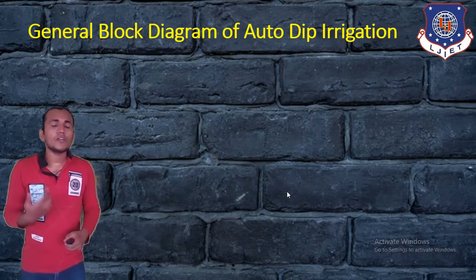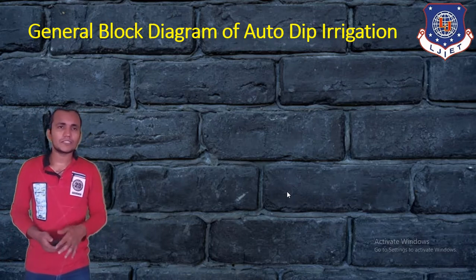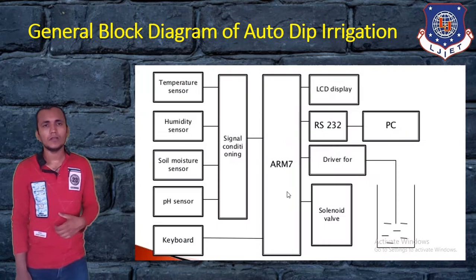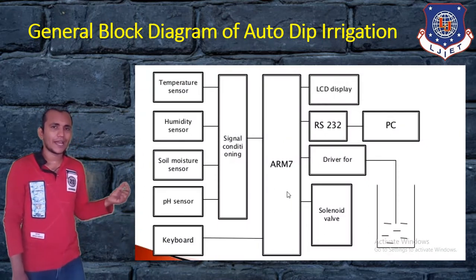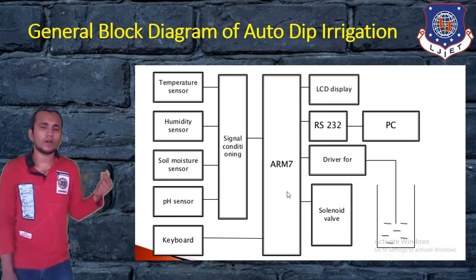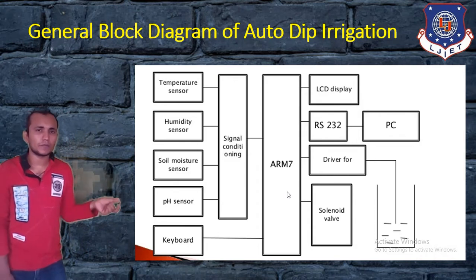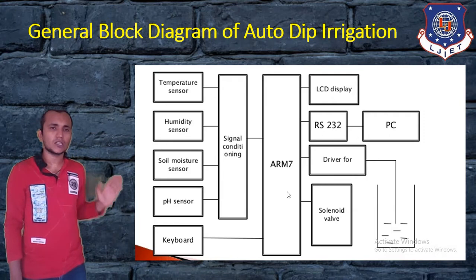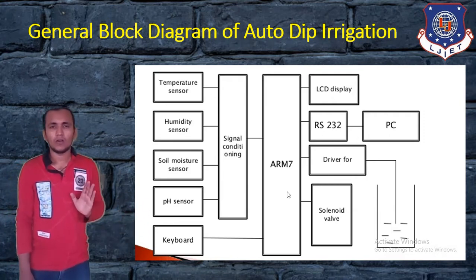So now we have to make an auto drip irrigation. How can we make our system automatic? For that we require a general block diagram of an auto drip irrigation system. You can see we can use Arduino here, the ARN7 Arduino board, or we can also use a microcontroller. Here we can use signal conditioning. The signals come from a temperature sensor, humidity sensor, soil moisture sensor, pH sensor, and then a keyboard.